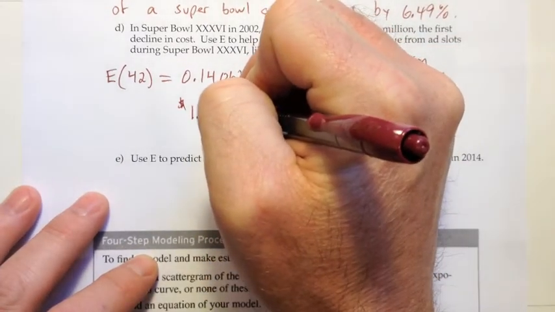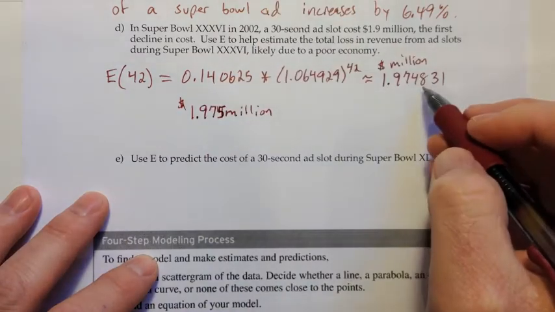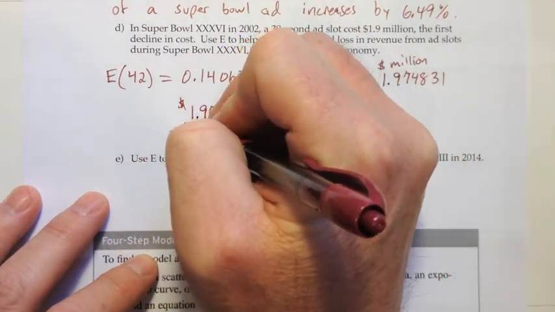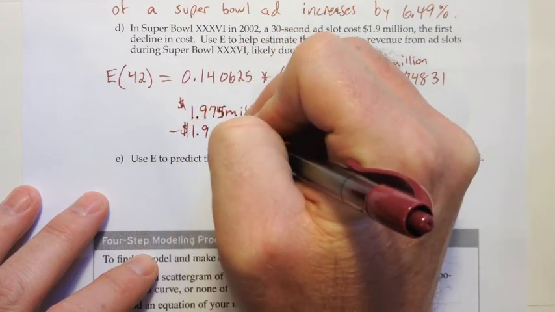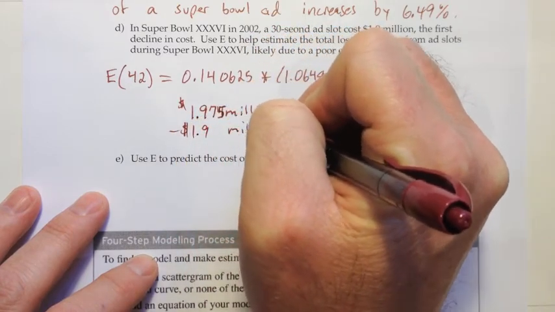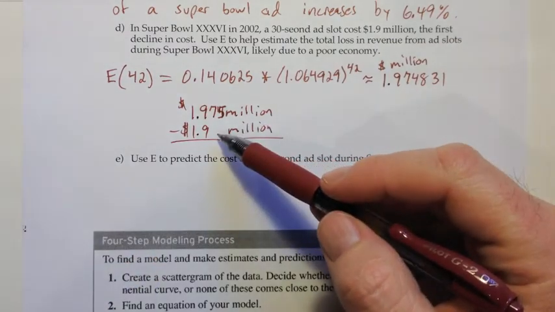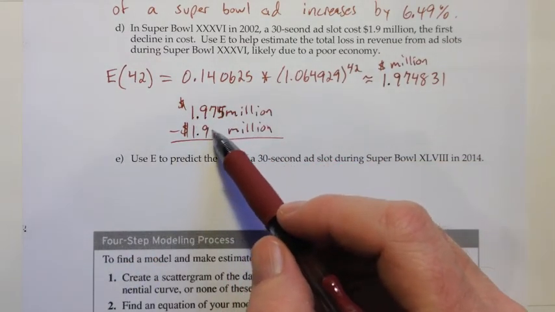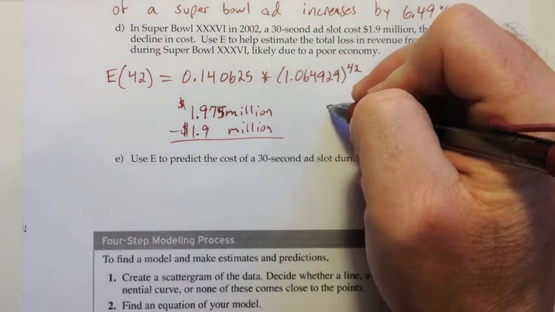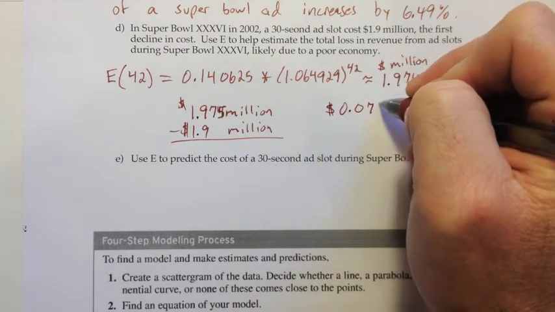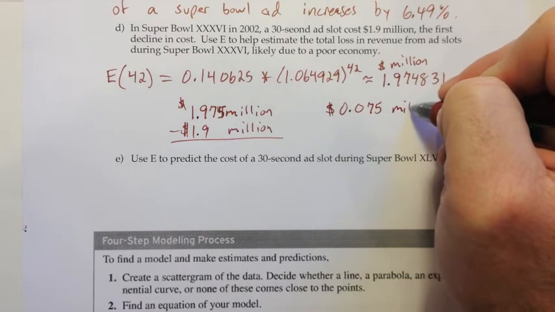I guess that would be a 5 because of the 8. And they actually got $1.9 million in revenue. And if we subtract those two, that tells us the difference between what we would have expected based on our equation and what actually happened. So you can see those 1.9s are going to cancel. So you'd be left with 0.075, and that would be millions of dollars.